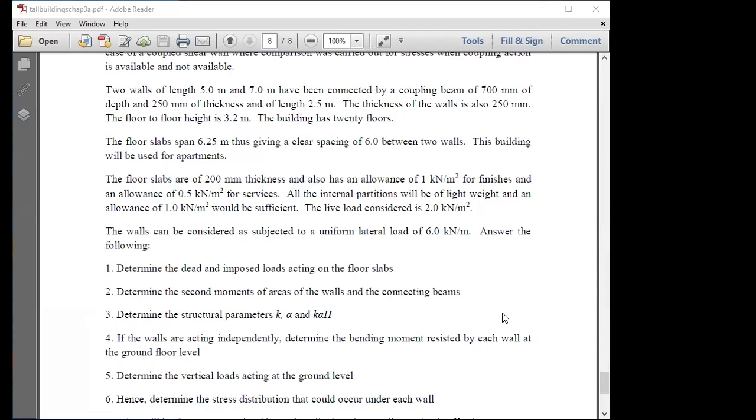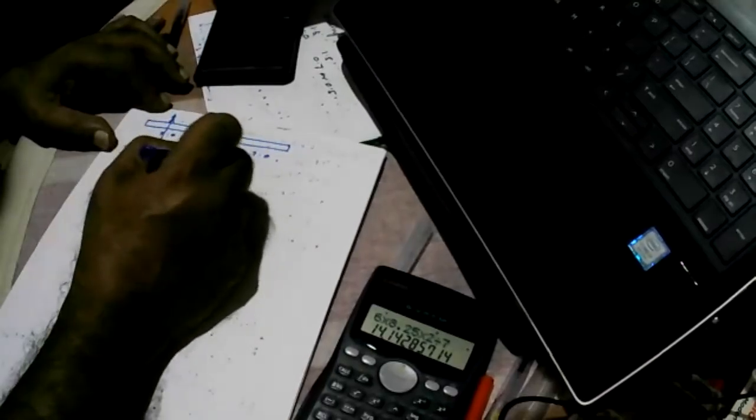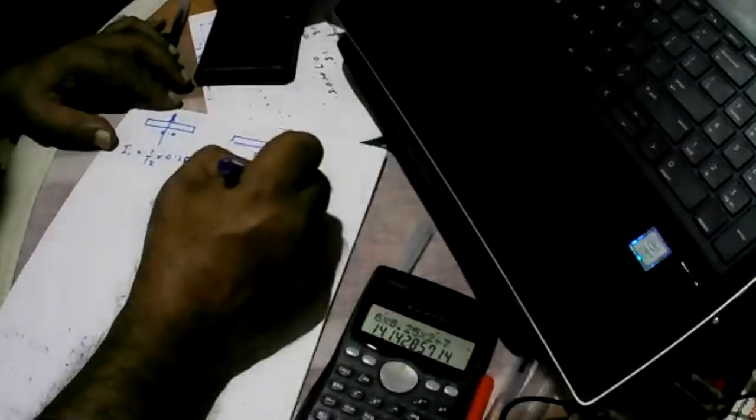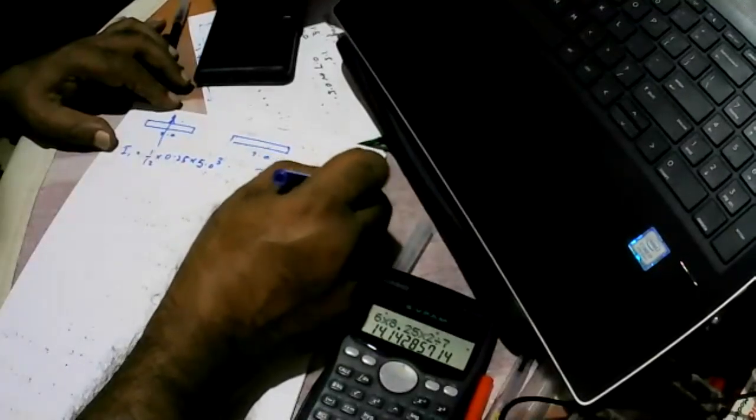Then we have been asked to find the second moment of area of walls and connecting beams. We have two walls, 5 meters and 7 meters, bending about this axis. I1 is 1/12 B D cubed, and I2 is 1/12 into 0.25 into 7 cubed.